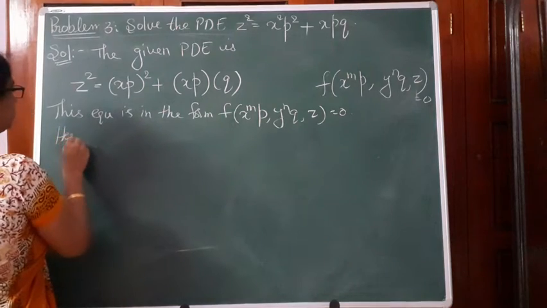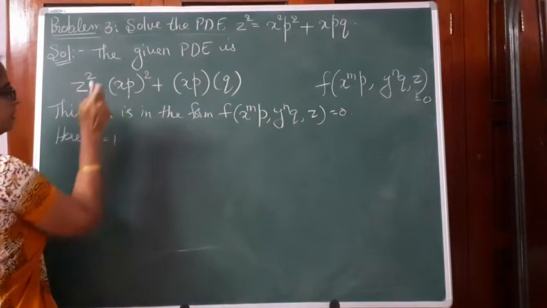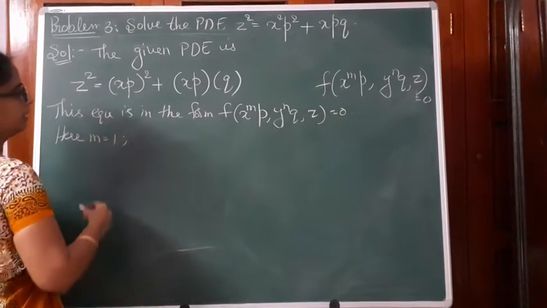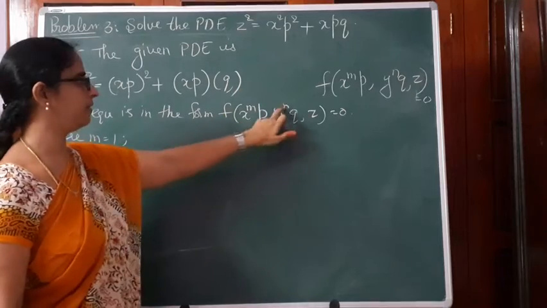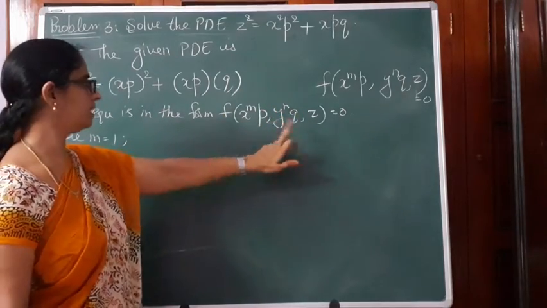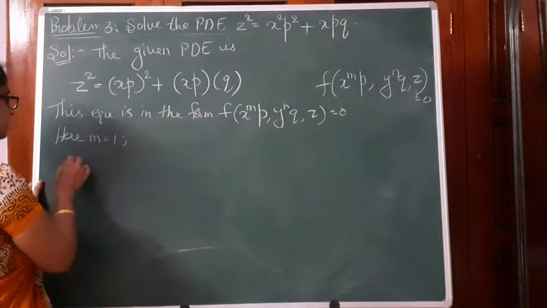What we need to do is first identify what is m and what is n. Here m is 1, since p is multiplied by x power 1. And n is not present, we have only q, Y power n is not present here. So what is the substitution we take?